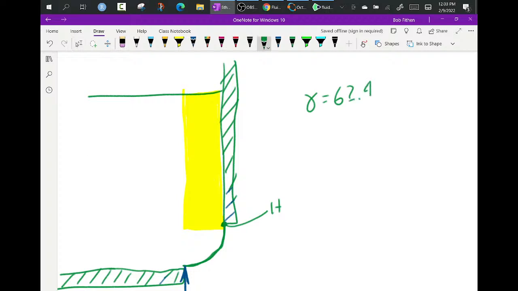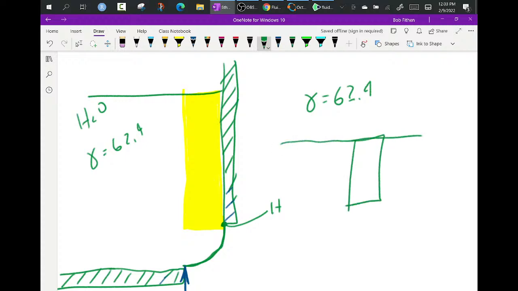In other words, if this is H2O, and I'm assuming this is about 62.4, if I put a brick or a block in water that has a gamma of 60, then it floats, and part of it will sit out of the water and the other part will sit in the water, and it'll be partially buoyant.